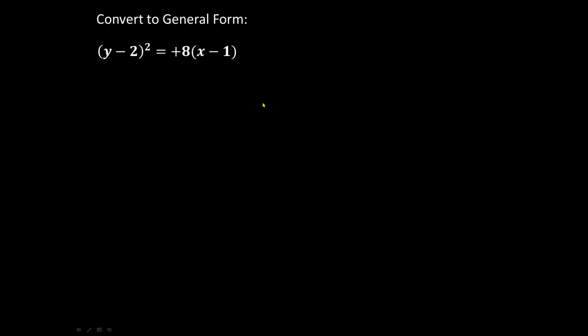What type of parabola is this? Opens to what? Upward. To the right, sir. To the right. Why to the right? What is beside the 8? X. And the sign is positive. So when what is beside the 8 is X, it opens to the left or to the right.